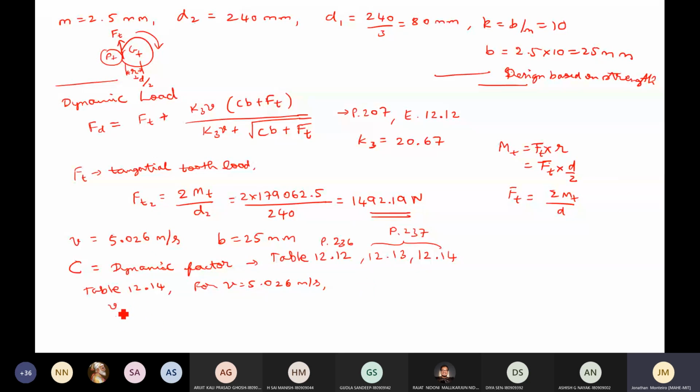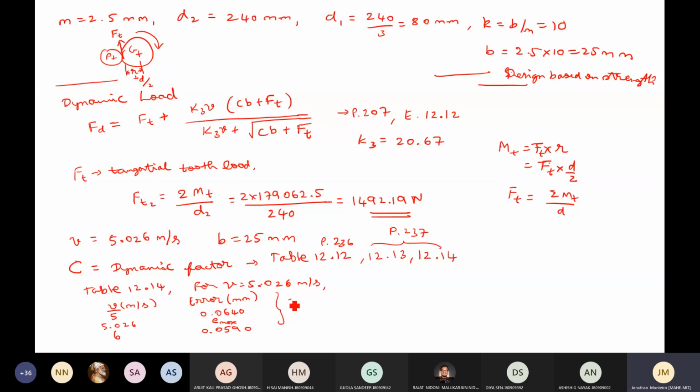So in this table, velocity 5, everything is in meters per second, error, that is the maximum allowable or permissible error in mm, it is given to be 0.0640. Similarly for 6, you have 0.0590 and your value of 5.026 comes in between. So what will be the value of error E, or I can say what is Emax.